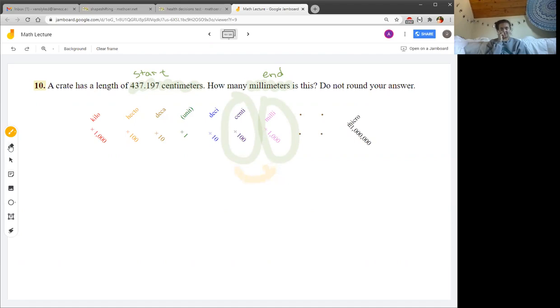Yeah, it's 1 scoot to the right, from centa to milli. Okay. So that would be 4371.97. Correct.